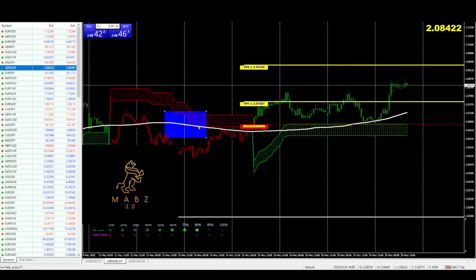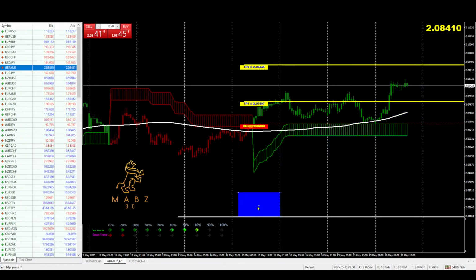That's the first rule that we need to see. We need to see that the price is above the moving average. This tells us that this market is a bullish market. A bullish market is a market that is going to continue going up. So that's the first thing.